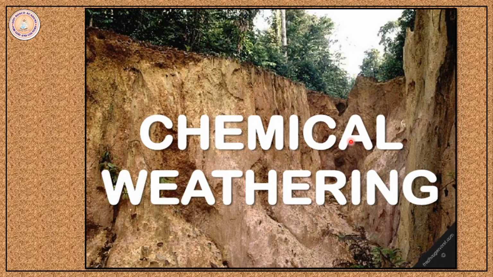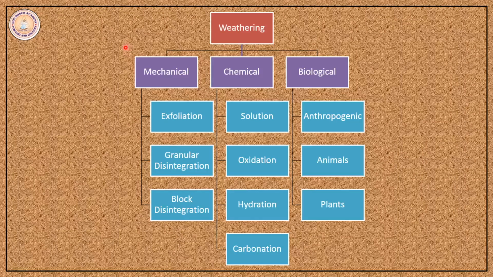The materials that make up rocks or chemical composition of minerals present in the rocks are changed due to the action of water. Solution, oxidation, hydration, and carbonation are the main processes of chemical weathering.